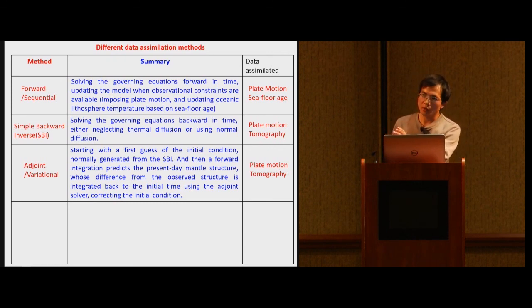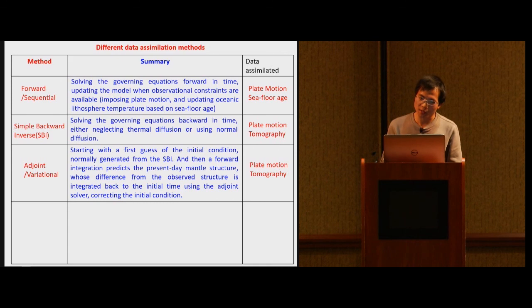Normally, the prediction has a mismatch with the observed tomography. Then we calculate the mismatch between the observation and the prediction, and we transport this mismatch backward to the initial time and correct the initial condition. Then we run this iteration forward and backward several times until we have a good prediction of the present day observation.